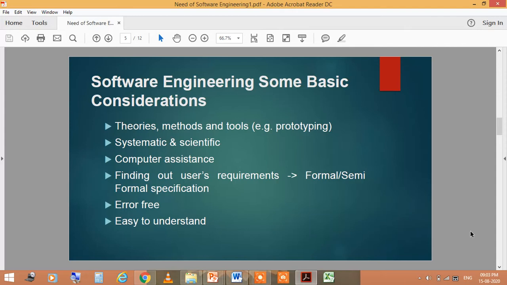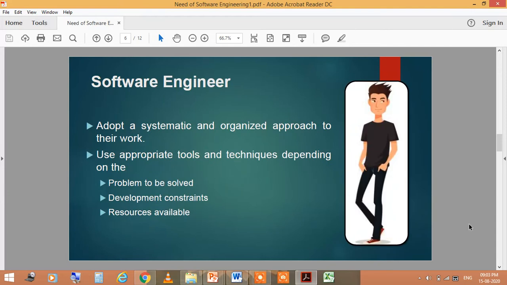Just to ease our work, so that we do it in less time, and the work is done very efficiently. That's why we are using these software and tools. So these are some basic considerations of software engineering.